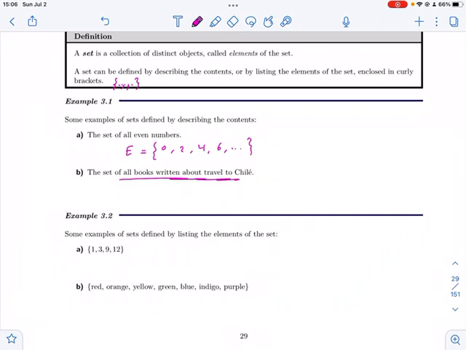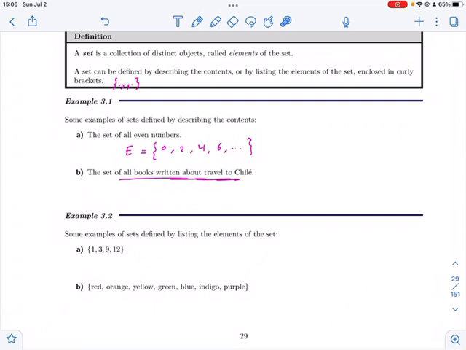That means we continue in that manner as 6, 8, 10, etc. So the reader can understand that these are all even numbers. Now, for the set of all books written about travel to Chile, it is not easy to find all these and list them here. So we just describe it. We can say that this is the set of all these elements, these books.